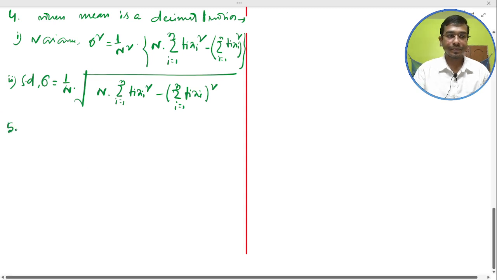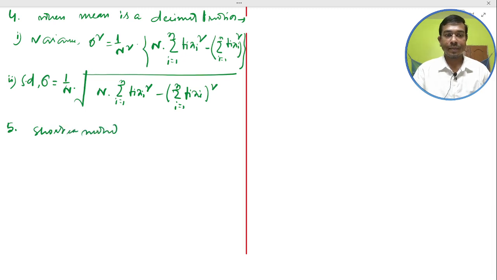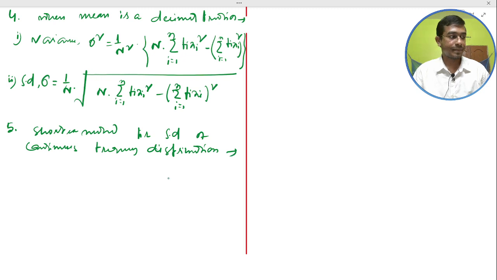Let A be the assumed mean, that is, yi equals xi minus A by h.